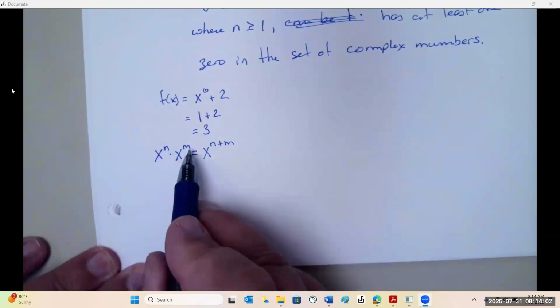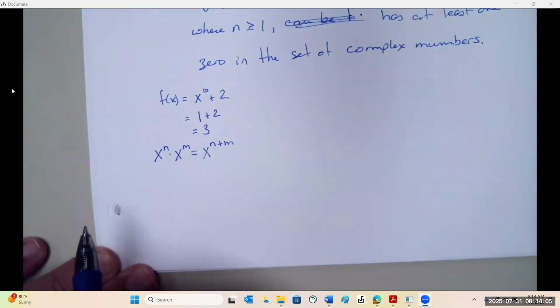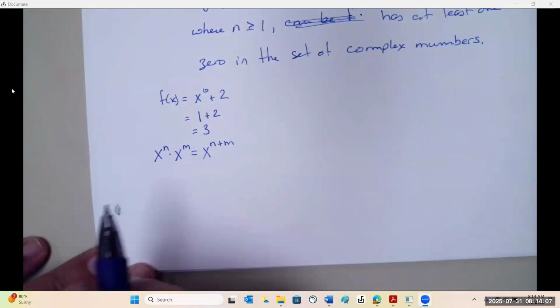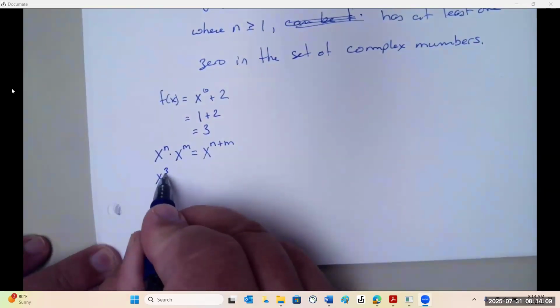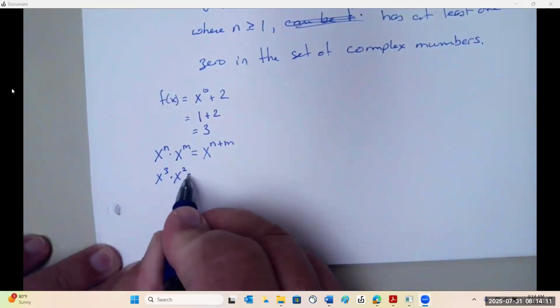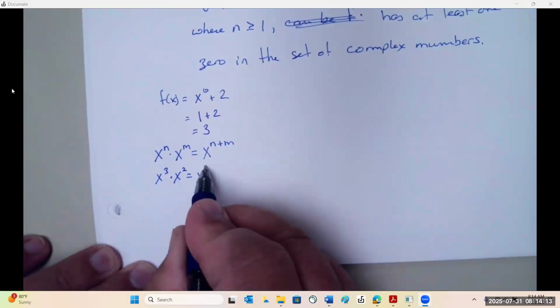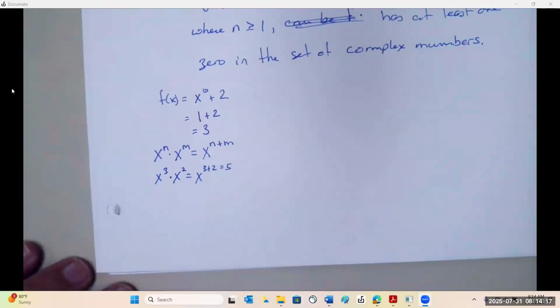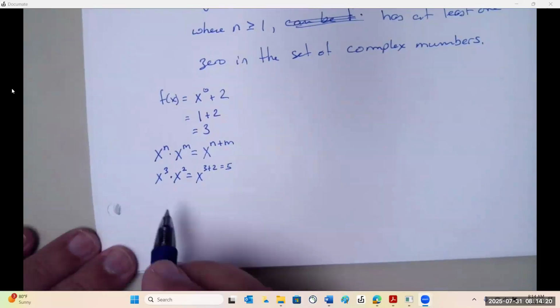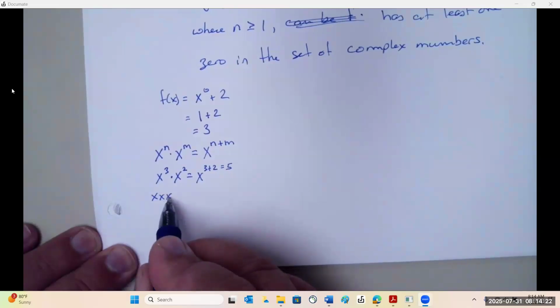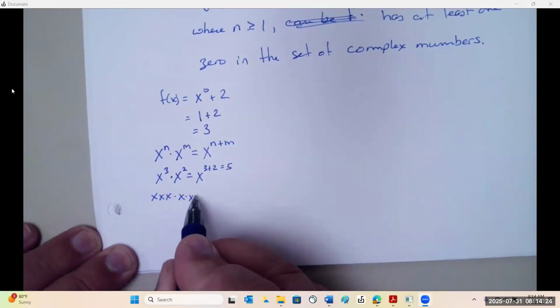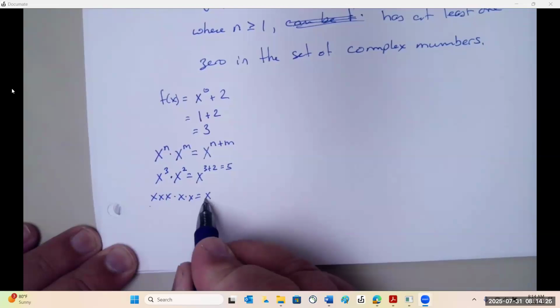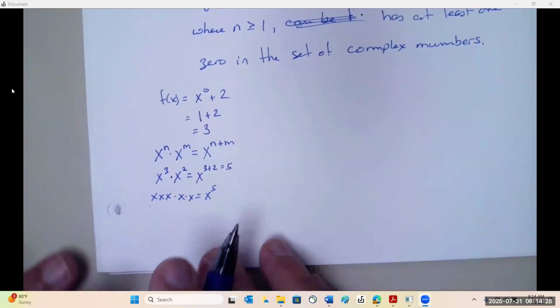If I have 3 there and 2 there, how many do I have multiplied together? So if I had x cubed times x squared, this one says I have 5 x's. Is it true? x times x times x times x times x. How many x's do I have? 5. So that's a rule.